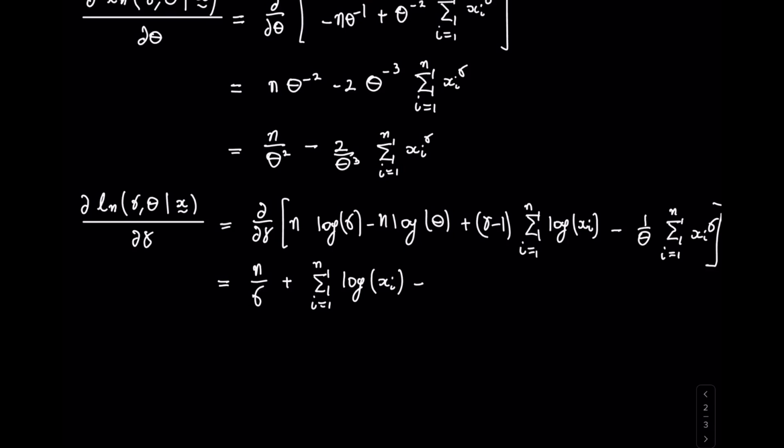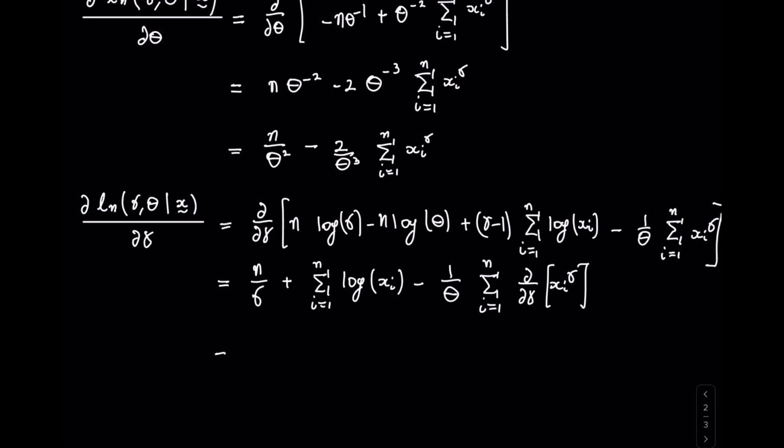Then minus, in this particular instance, because it's a product times a sum, you can take that partial differentiation through the product and through the sum to give you minus 1 on theta sum of i equals 1 to n of the partial derivative with respect to gamma of xi to the gamma.